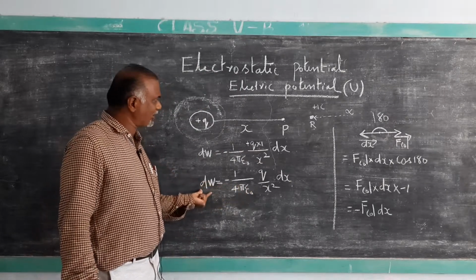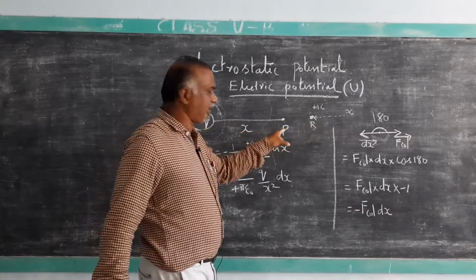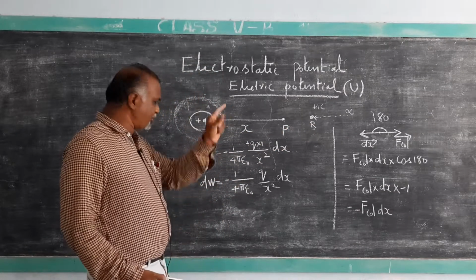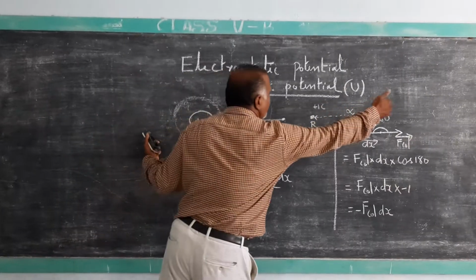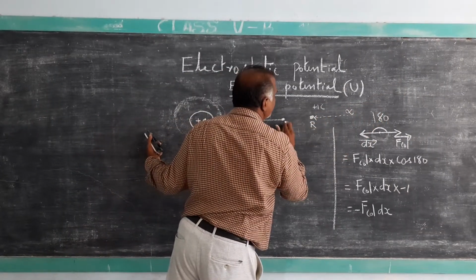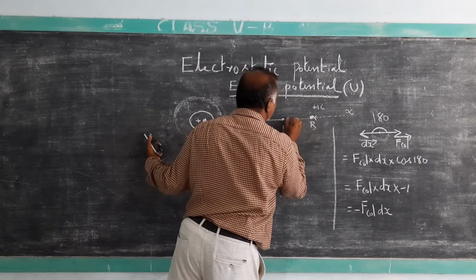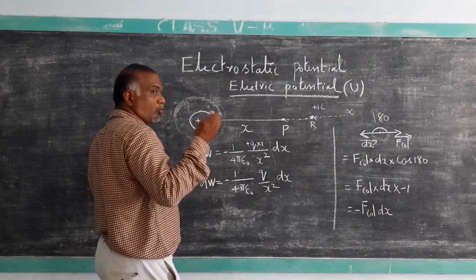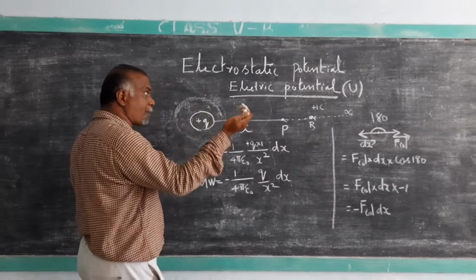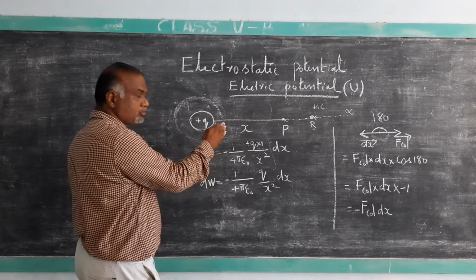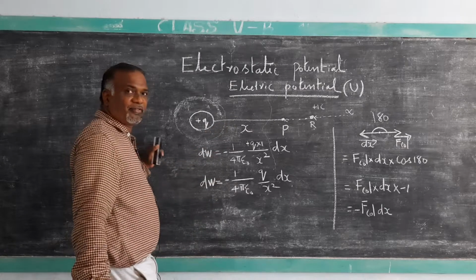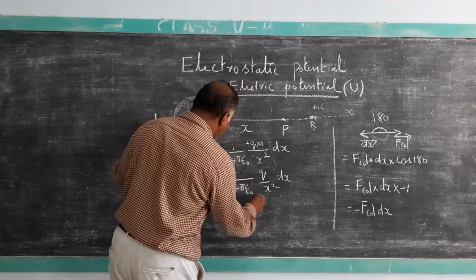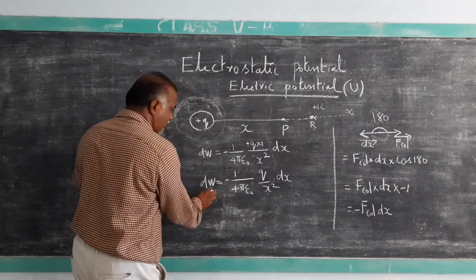So this is the small work to bring r to p. Now we go for the total work, from infinity to p. The lower limit is infinity, the upper limit is x. So we have to integrate both sides for total work.